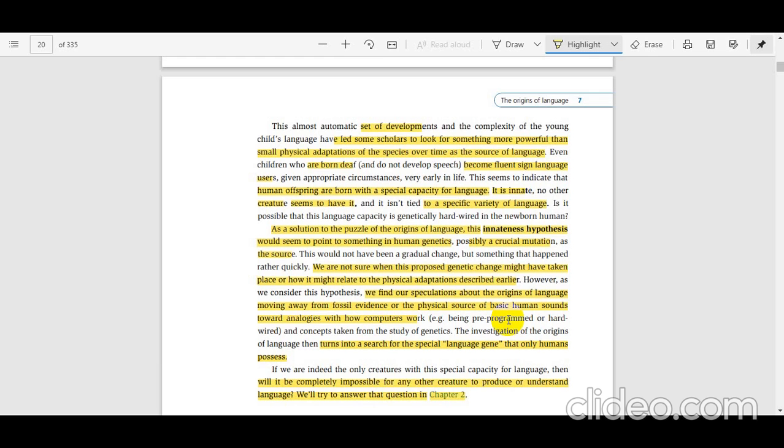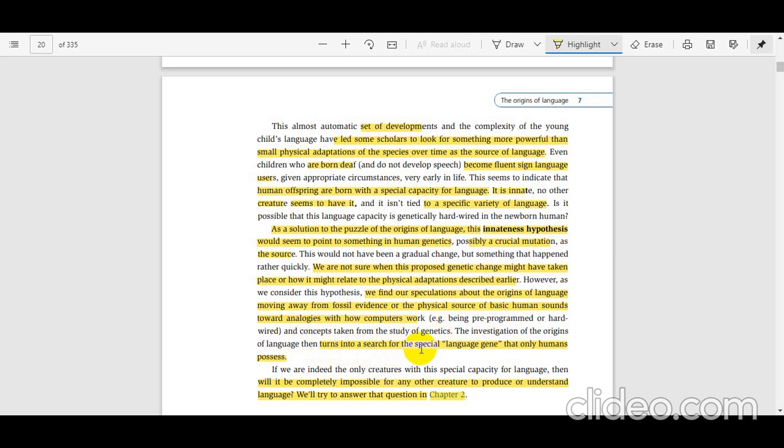Now, the computers, as you know, are pre-programmed to do something, and concepts taken from the study of genetics. Of course, there are hundreds of studies concerned with genetics and its development, especially with humans. The investigation of the origins of language then turns into a search for the special language gene.